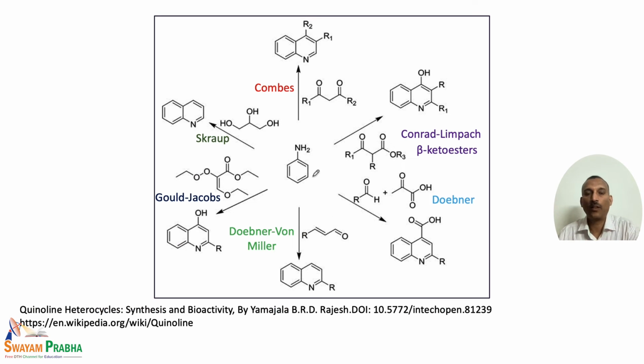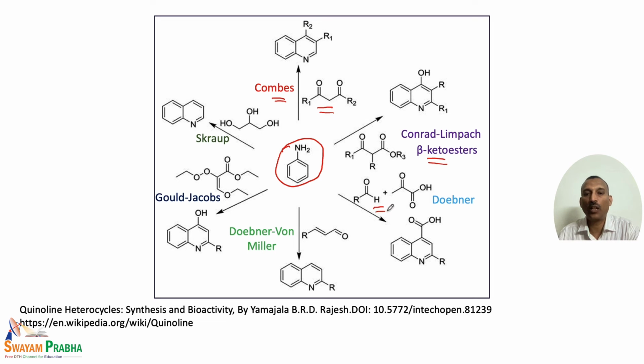Here is a snapshot of the different ways by which quinolines can be prepared from aniline. Our starting material in most of the cases we have seen is aniline only. The aniline can be converted to quinoline using the Combes method. Here a beta-dicarbonyl compound is generally used, and in the Conrad-Limpach synthesis we are using beta-ketoesters as the starting materials along with the anilines, and in the Doebner-von Miller reactions or Doebner reactions we have two different intermediates.